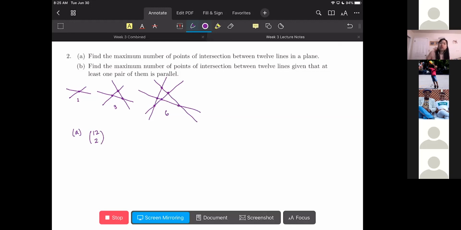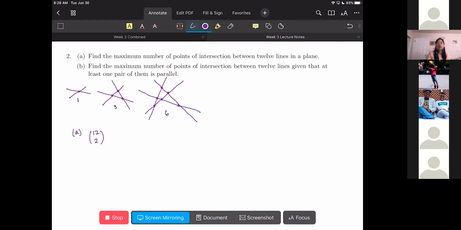What does the 12 choose 3 count? So afterwards, you'd make it 12 choose 3 because now we are choosing 3 of the 12 lines to intersect with each other. And then you'd sum the total points of intersection after you intersect all the lines.